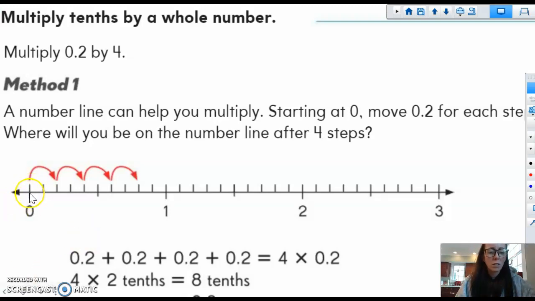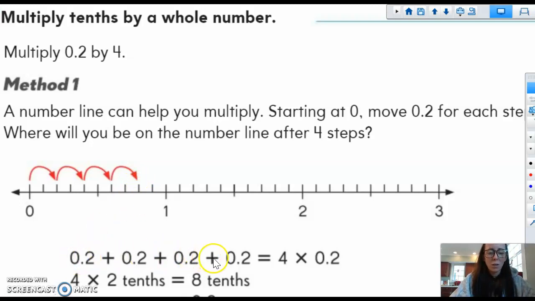So we start at 0 and it goes up to 1. And in between the 0 and the 1, we're broken up into tenths. So what we're doing is we're jumping 2/10, 2 more tenths, 2 more tenths, 2 more tenths. So that was 4 times. So what we did was 2 tenths times 4. And where we land is right here, which is 8/10.